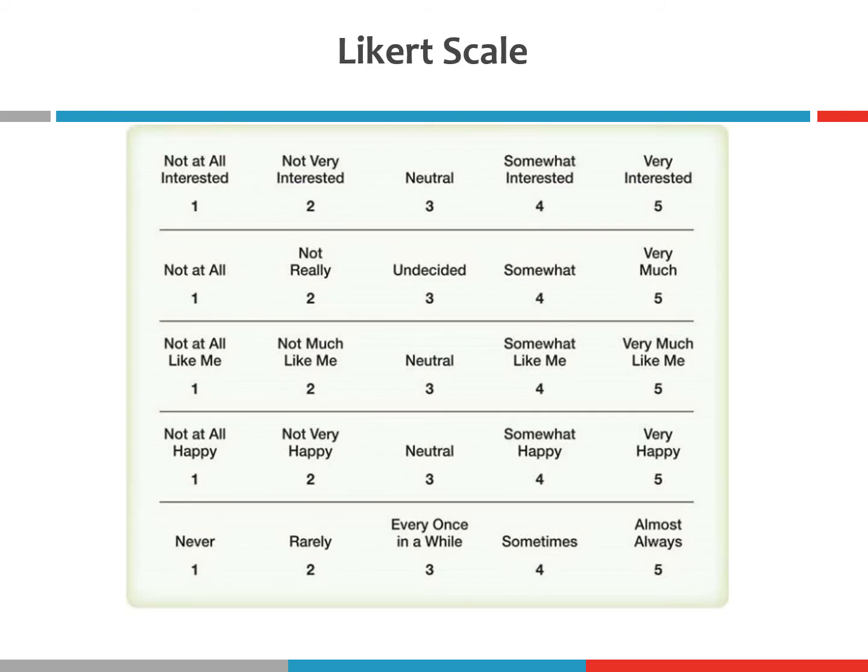Okay, so one of the most common types of measurement scales we use for surveys are called Likert scales. Okay, so with a Likert scale, a participant evaluates a series of statements using a predetermined set of response options, right?